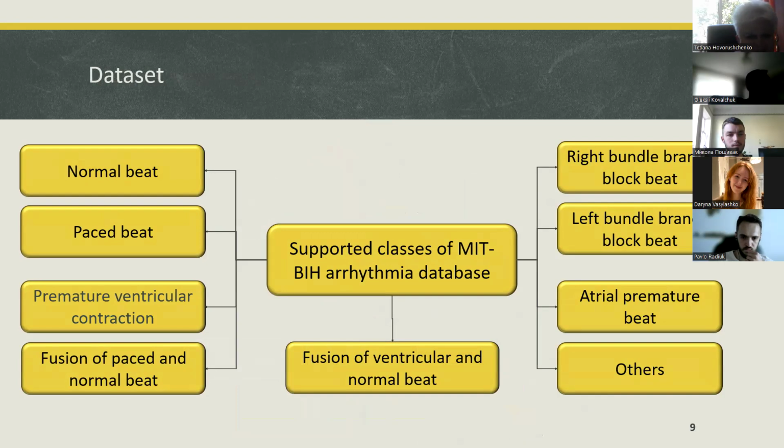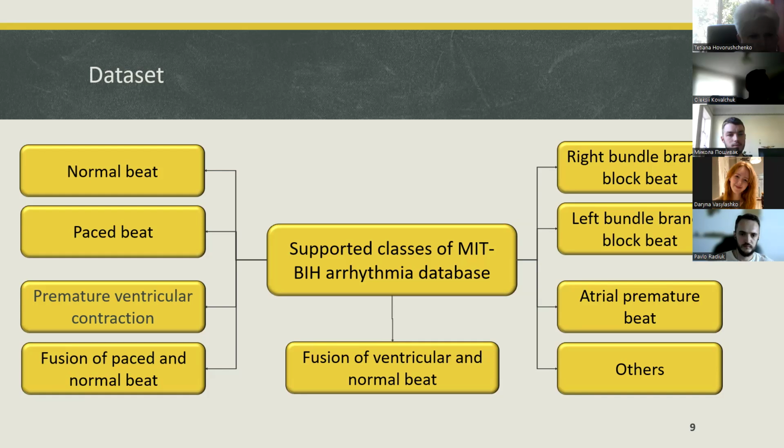To train and test the proposed CNN model, we use the MIT arrhythmia database. This database contains 48 electrocardiogram records, each 30 minutes long. In this work, all signals from the database were divided into smaller segments with a length of 8,000 items.